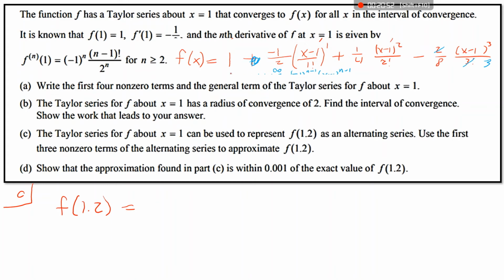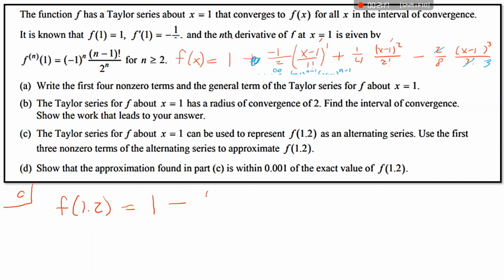Okay, so I've got our whole long form here because I thought that would be easier to plug into. So if I plug in, my first term is going to be what? 1. Okay, what's my second term? That's minus 1/2 times 0.2 divided by 1.